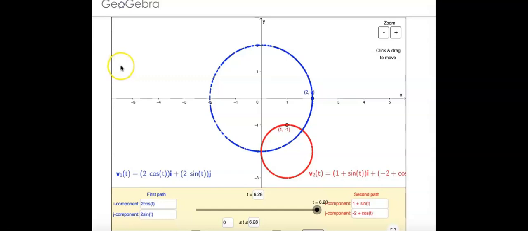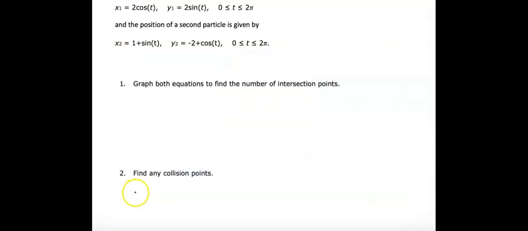Now let's see if we can find this point of collision algebraically. We said that a collision occurs when these particles are in the same place at the same time. In the same place means that my x values are equal, so my x1 must equal x2.